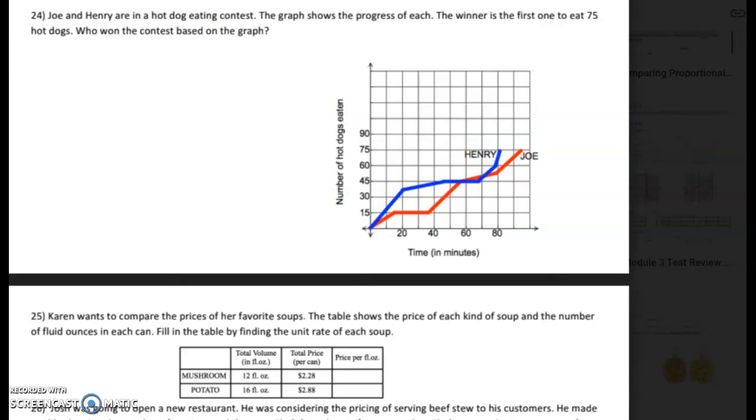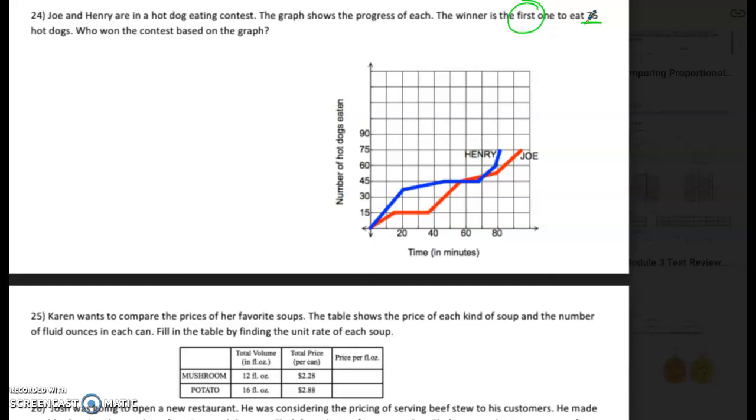So looking at number 24, we have Joe and Henry who are eating hot dogs, and we have our progress. The winner is the first one to be able to eat 75 hot dogs. So we want to know who won the contest.